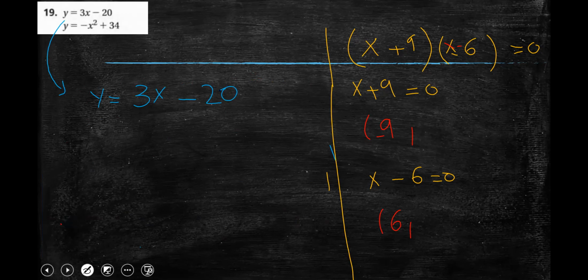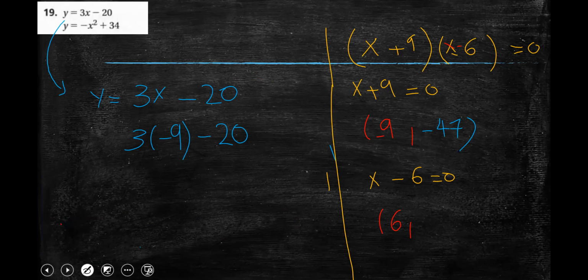At point negative 9, you will say 3 times negative 9 minus 20. 3 times negative 9 is negative 27. Negative 27 minus 20 is negative 47. So I have negative 9, negative 47.